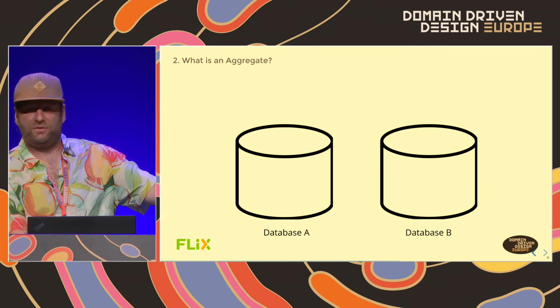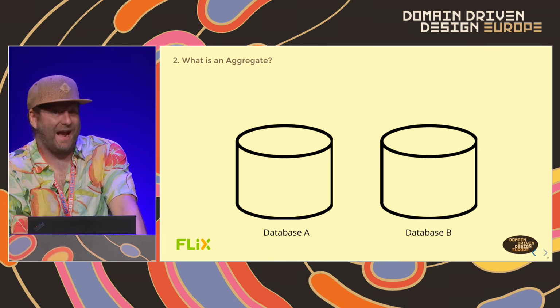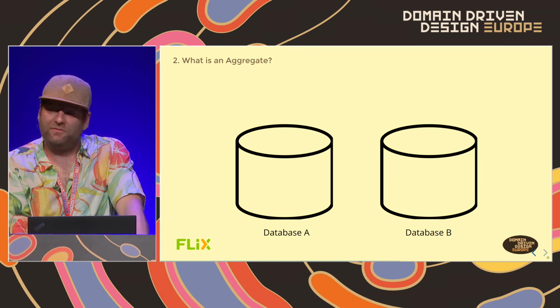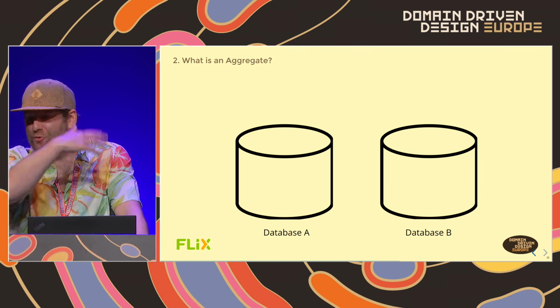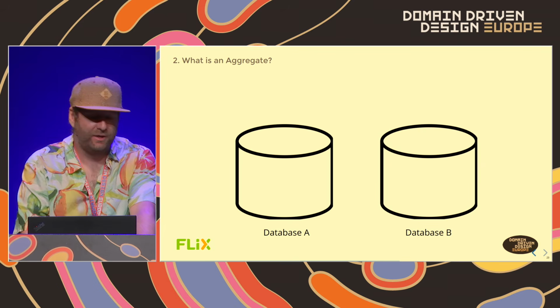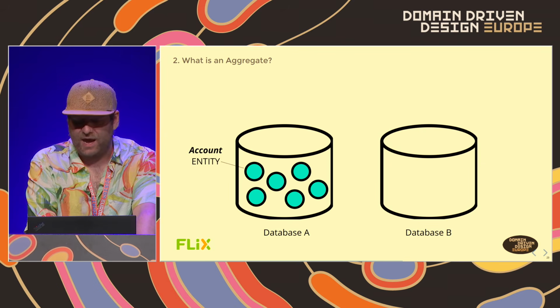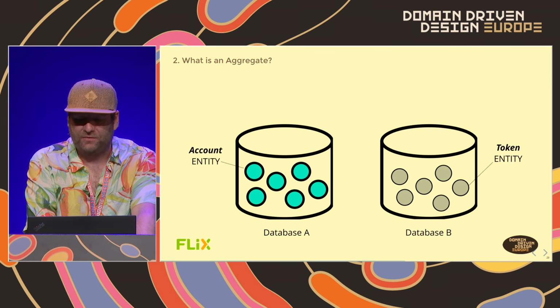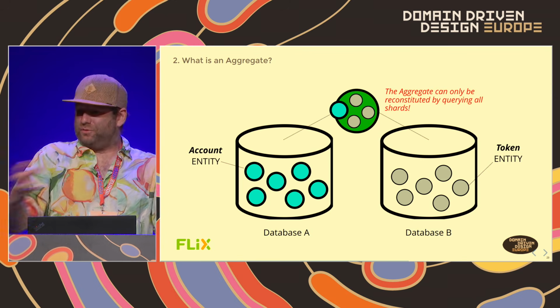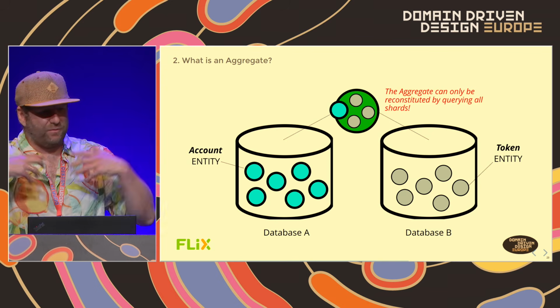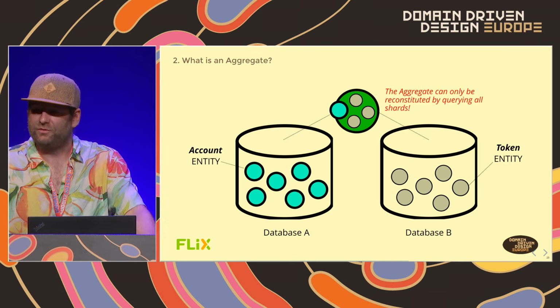So we have two databases here, database A and database B. I'm specifically not mentioning the technologies. You can just add your own, basically. On the left side, we have the account entity. On the right side, the token entity. And then you start reconstituting this thing from multiple data sources.